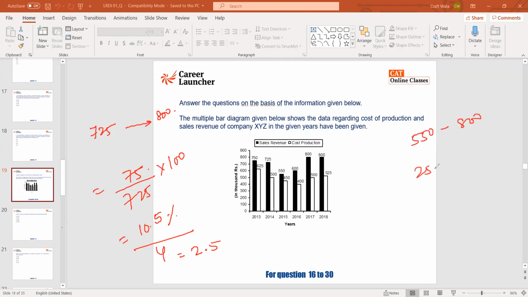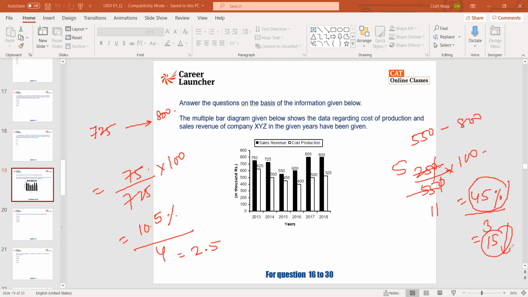So the change is 250 upon 550 into 100. So 0, 0 cancels off. This becomes 5 upon 11. Yeah, 45%. But 45% in 3 years. Right? So what will be the compounding value? If I just do simple, simple will come as 15. So my answer should be less than 15.